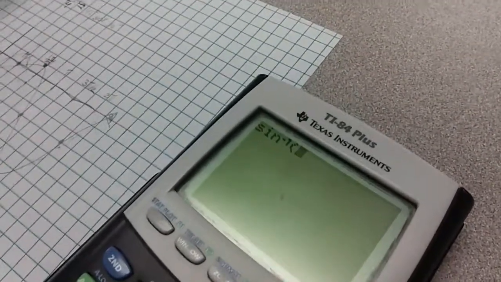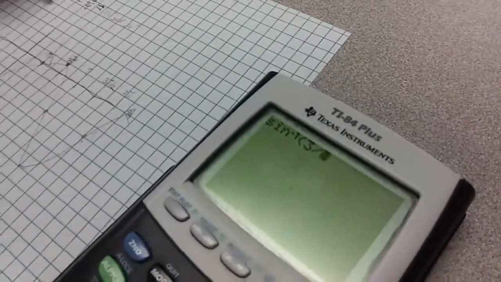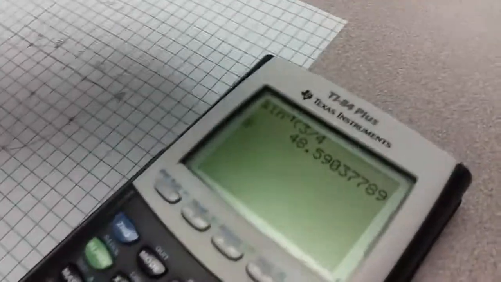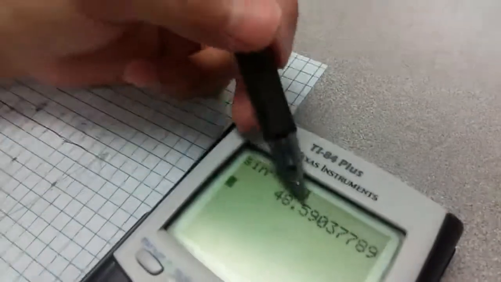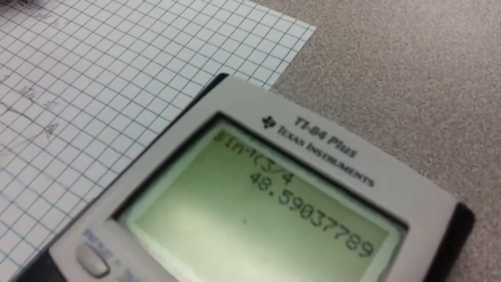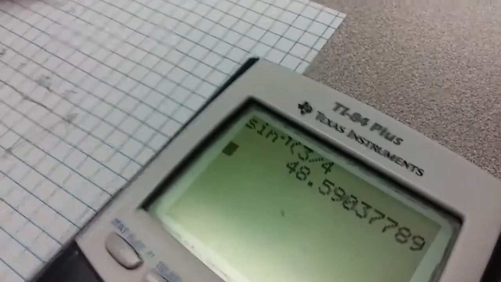And once we plug it in, we'll get our answer, which is 48.59. And if you round it, it will equal 49 degrees.